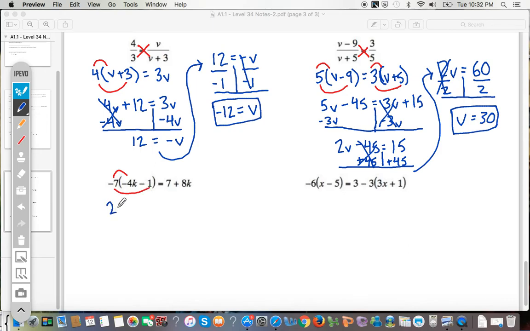So I'll just multiply the coefficients, so I get 28k. And I have negative 7 times negative 1, which, keep in mind, is positive 7, so plus 7. Then on my other side, can't really simplify that yet, so I have 7 plus 8k.